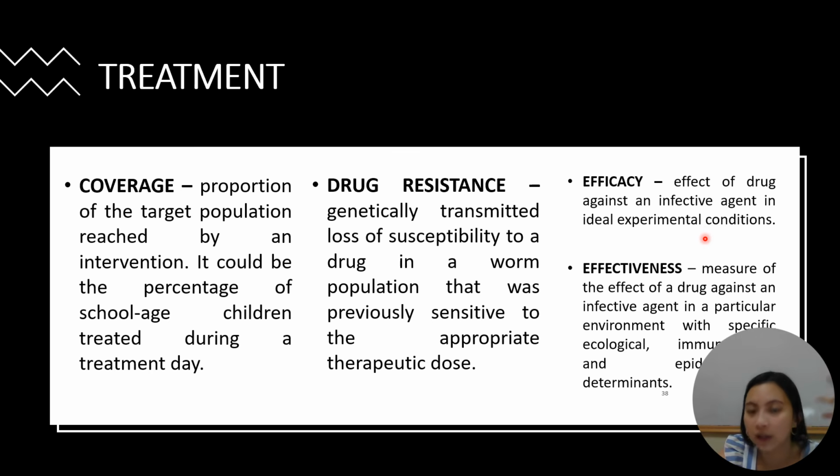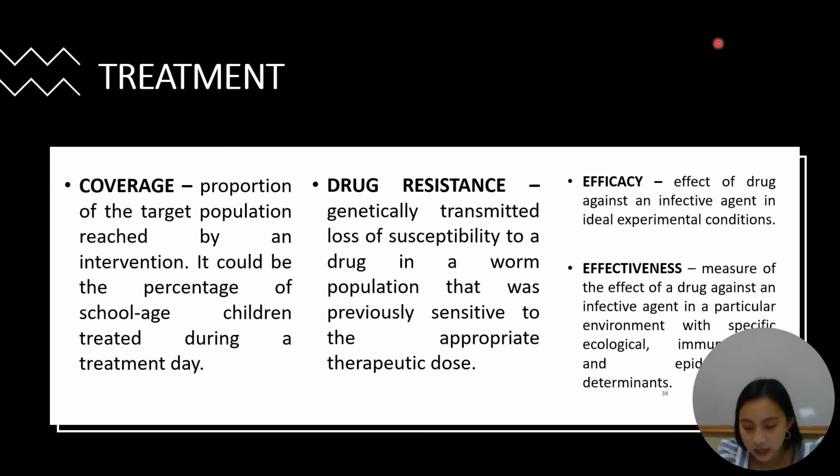So that's ideal. While effectiveness is the measure of the effect of a drug against an infective agent in a particular environment with specific classifications or requirements for ecological, immunological, and even epidemiological determinants. So these are the differences between efficacy and effectiveness.